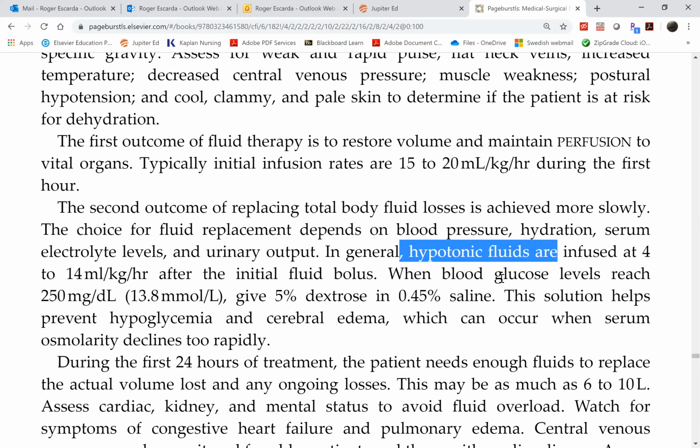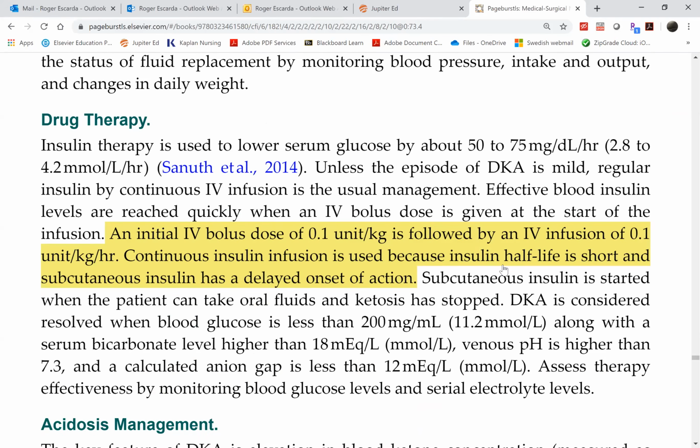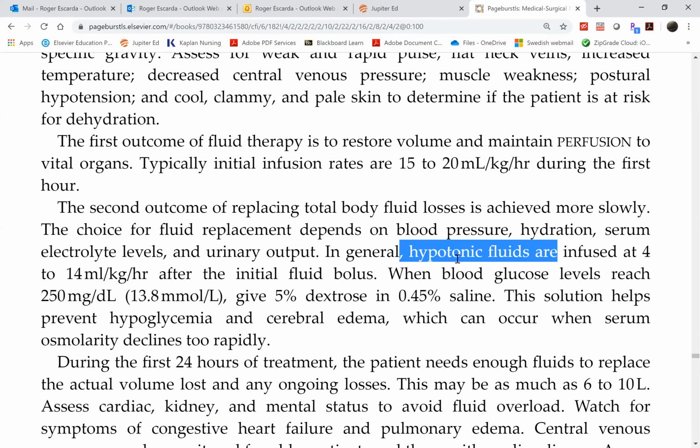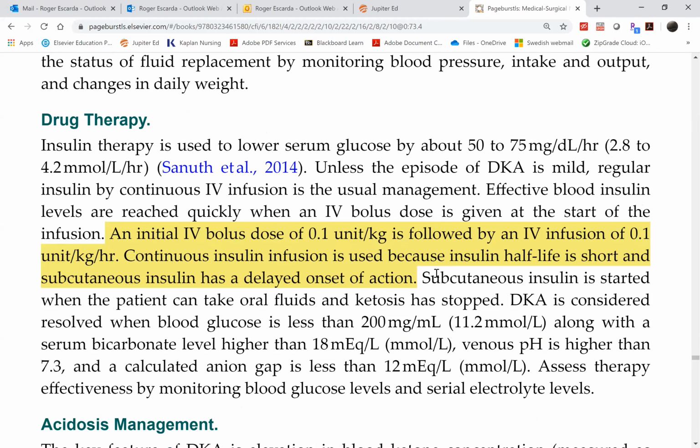No. Because you just told me that the potassium here will drop. So what needs to be added to this half normal saline bag? Is it potassium? We'll add potassium chloride into that bag because you agreed with me that it's not a matter of if. The potassium level will drop once you start giving IV insulin, correct?